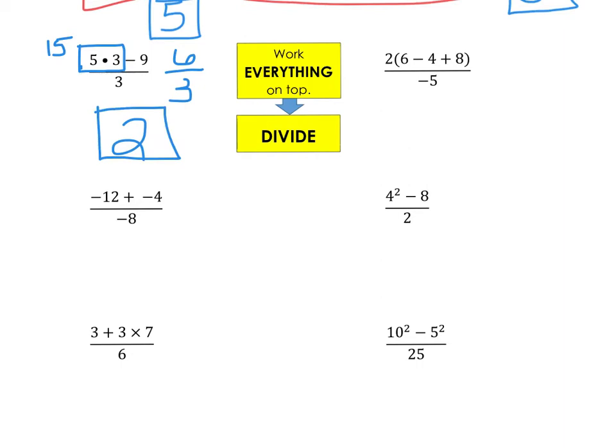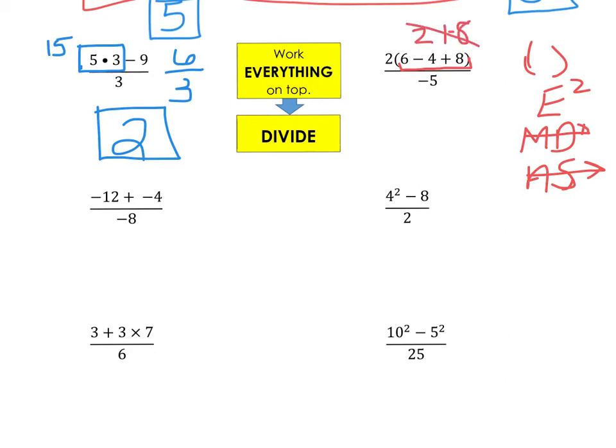Now, over here, we're going to go from left to right inside our parentheses because everything is adding and subtracting. Remember, it's parentheses, exponents, multiply and divide from left to right, add and subtract from left to right. And since all we have is adding and subtracting, we're simply going to go left to right. So 6 minus 4 is 2, and 2 plus 8 is 10.